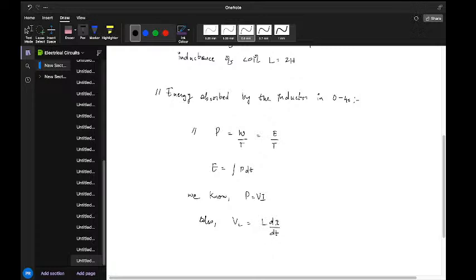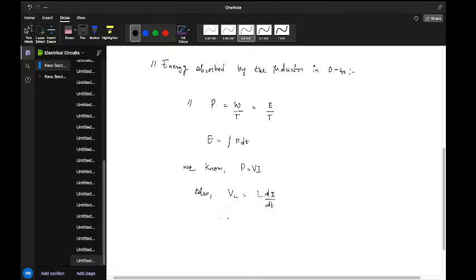So let's try substituting in P. Therefore P is going to be L i di by dt.